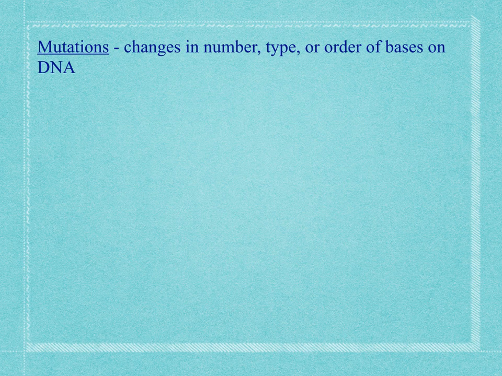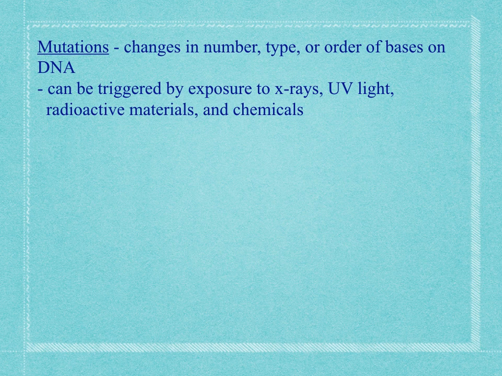So mutations can be changes in the number or the type or the order of the bases on the DNA. There's a lot of different things that can cause mutations to happen. They can be triggered by exposure to X-rays or UV light or radioactive materials or chemicals or lots of other things.